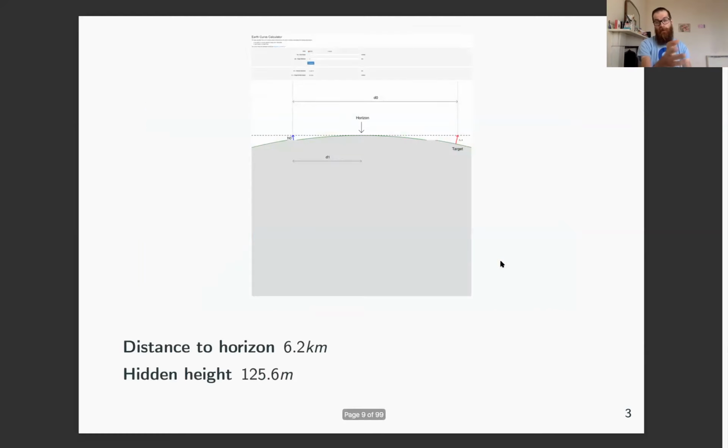Now it turns out there's a very nifty app to do this. I put in my numbers, and it turns out the horizon at 49 kilometers should be 6.2 kilometers away if I'm standing 3 meters over the water. That means that the hidden height of what's behind the horizon at this distance should be 125.6 meters.